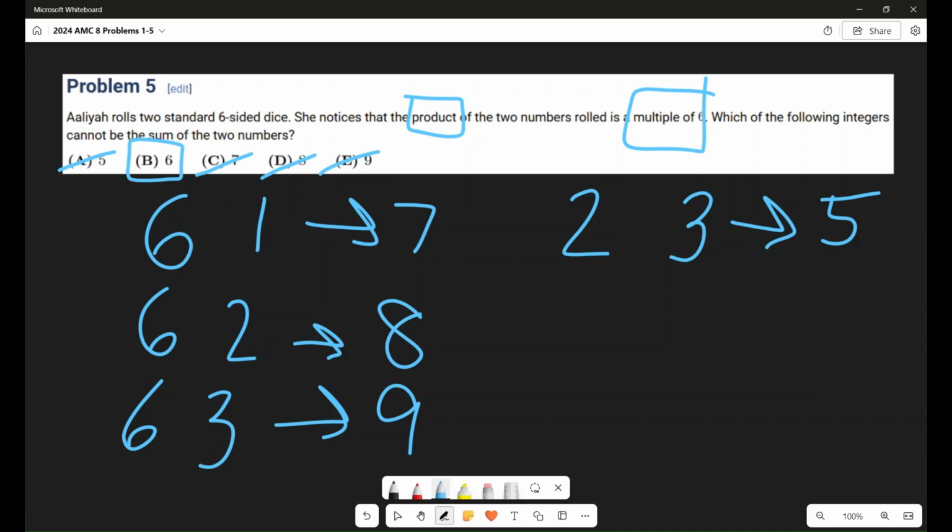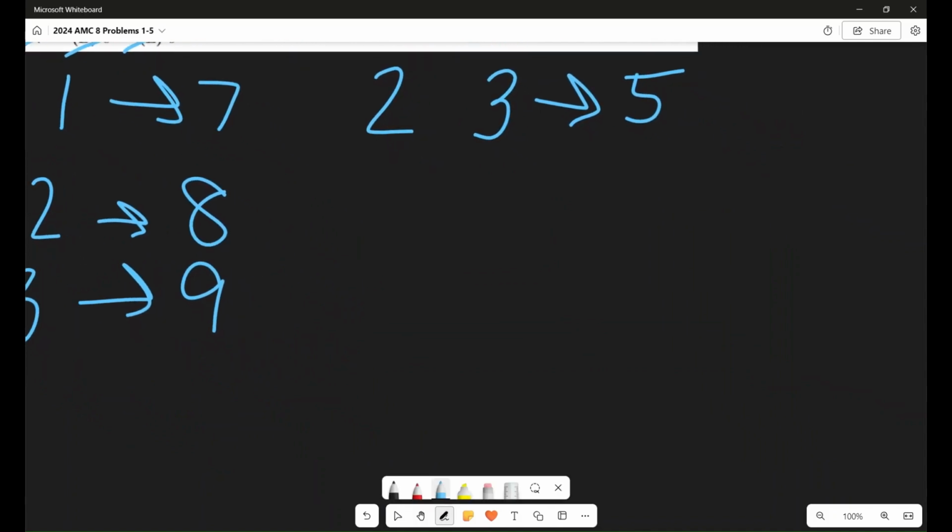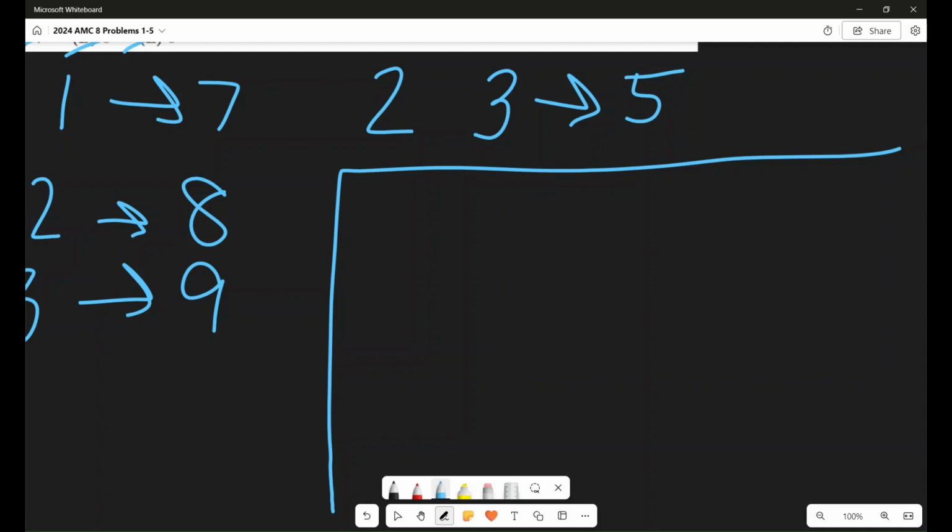But for the sake of being rigorous, let's just show that 6 cannot be the sum of the 2 numbers. So let's box out an area here. So how can the sum of the numbers be 6? It could be 1 and 5, 2 and 4, 3 and 3, or it can be the reverse of these, which would end up giving the same product.